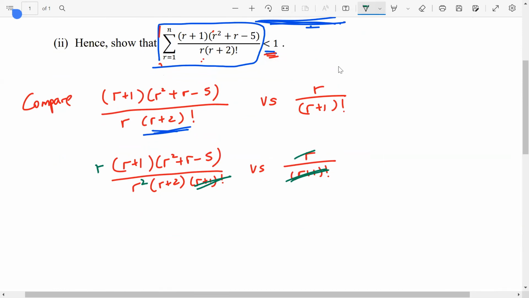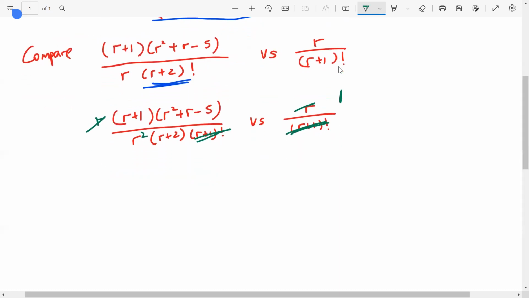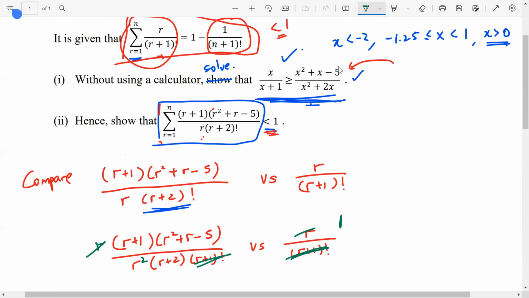Now, I will compare this versus the value of 1. Not all the time is it going to be 1, just that I can erase this. Sometimes it may be comparing with another obvious polynomial. Now that we have this, we want to try and fit in this one already.